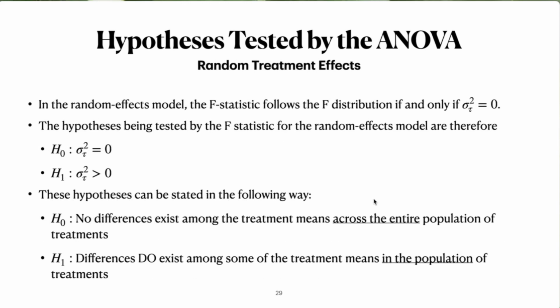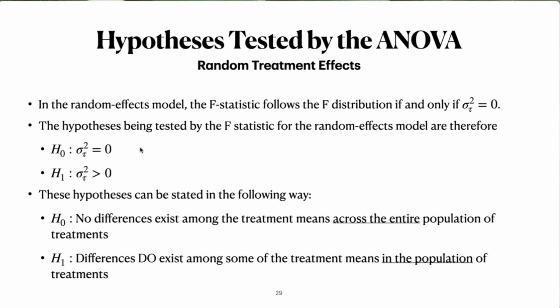Now, if we have a random treatment effect model, it's the same type of thing, but the hypotheses are expressed in terms of a variance component rather than the unknown population treatment means. In a random effects model, the F statistic follows the F distribution if and only if the variability associated with the random treatment is equal to 0.